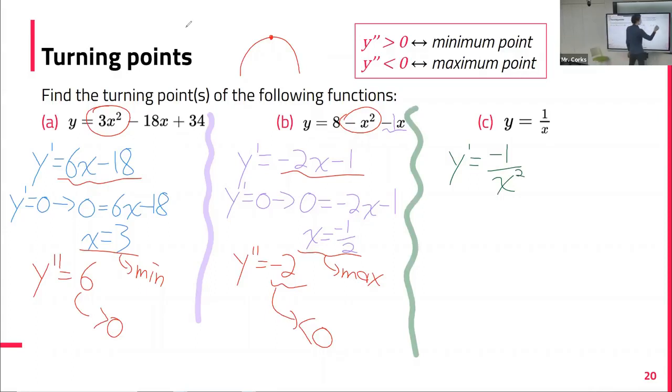So just remember, we could rewrite this as x to the exponent -1, and then -1 times 1 is -1, and our exponent subtracts 1. Okay, so we have this thing, and set that equal to 0. So 0 is equal to -1 over x squared.